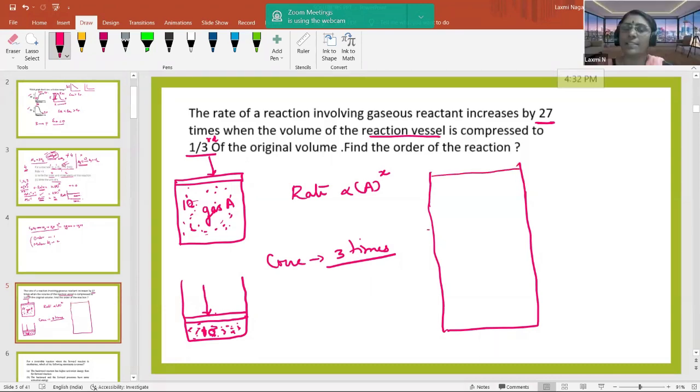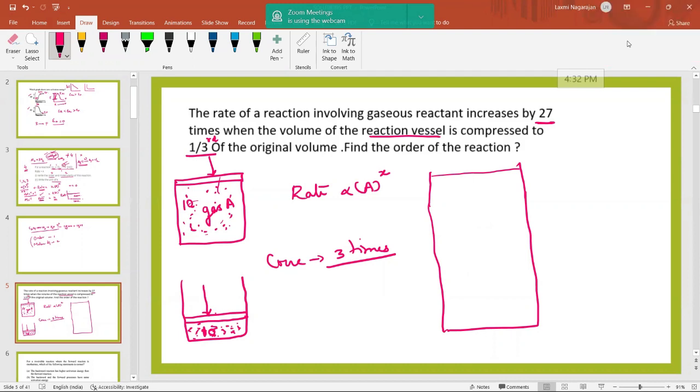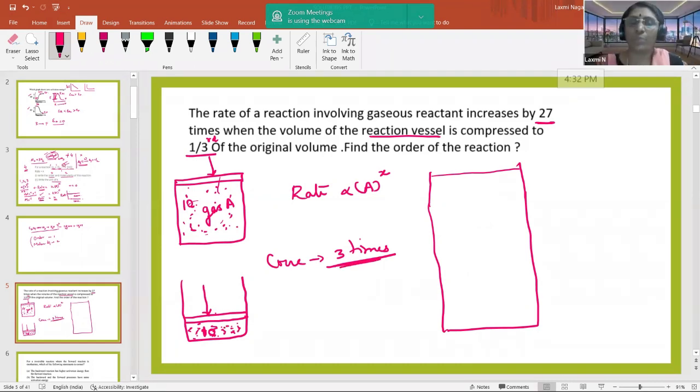Say this is 1 volume, 2 volume, and 3. I remove these barriers and expand the gas by releasing the pressure to 3 times the volume, so the concentration will decrease to 1/3. Here it is an increase in concentration, since it is compressed to 1/3 of its original volume, so the concentration has increased to 3 times.